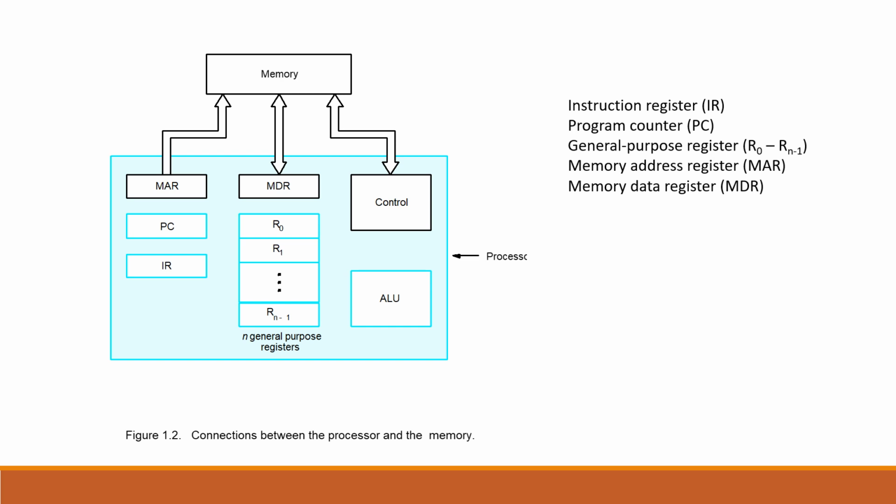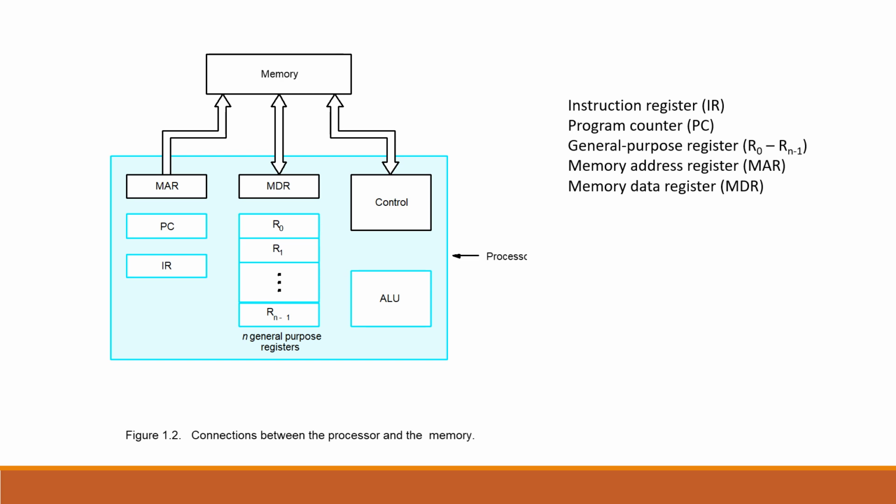So let's discuss in detail each register and its operation in order to communicate with the memory. Let's start with the instruction register, shown as IR. The instruction register will hold the instruction which is currently being executed, and its output will be available for the control circuits in order to generate the timing signals, and also control the various operations in order to execute an instruction.